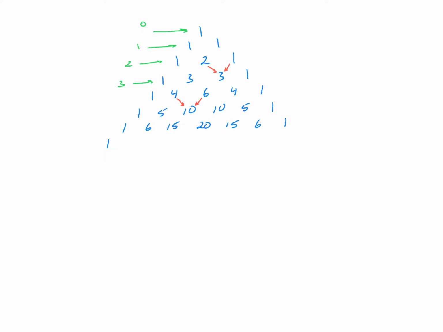So that last row is 1, 7, 21, 35, 35, 21, 7, and 1. Additionally, for you English nerds, the rows are a palindrome, which means they read the same this way as they do that way.